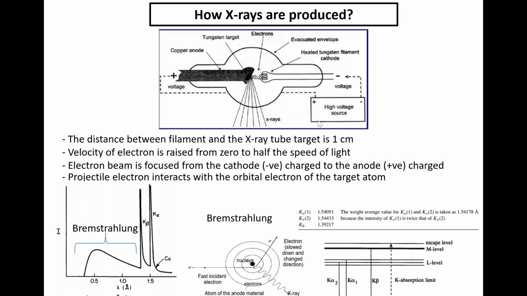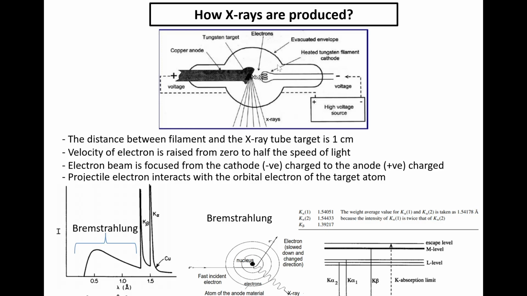As you give more and more voltage, the velocity of the electrons increases and they move at a much faster rate towards the anode. Another important thing is that you do not have any air molecules in this sealed tube, so there is no hindrance. Otherwise, if you had air inside this tube, the electrons emitted from the cathode would have interacted with the air molecules.